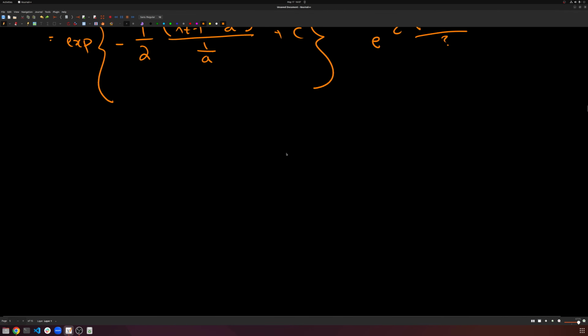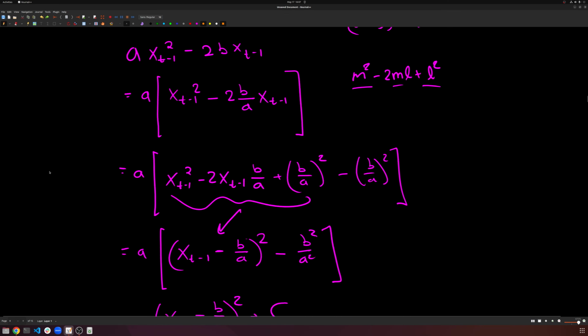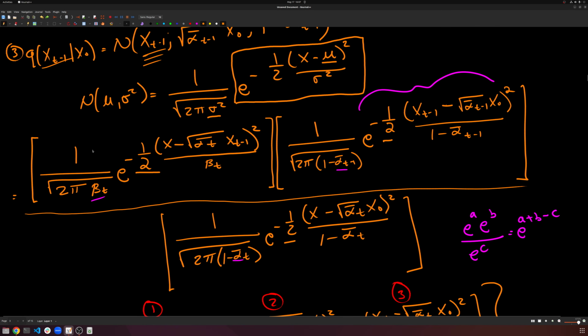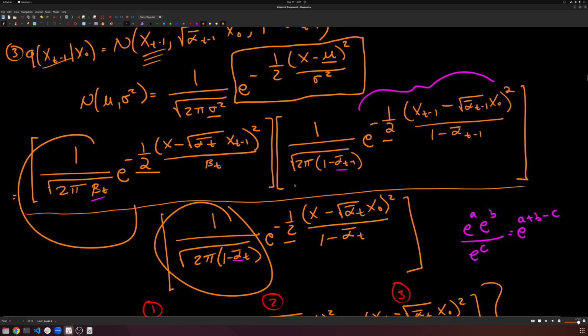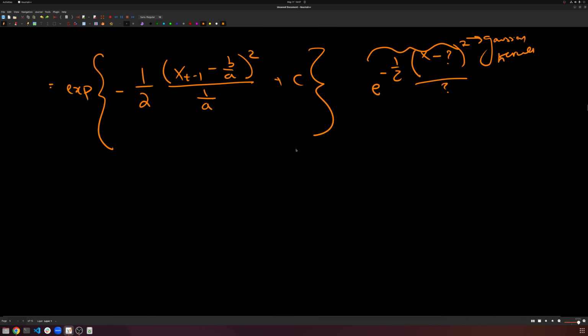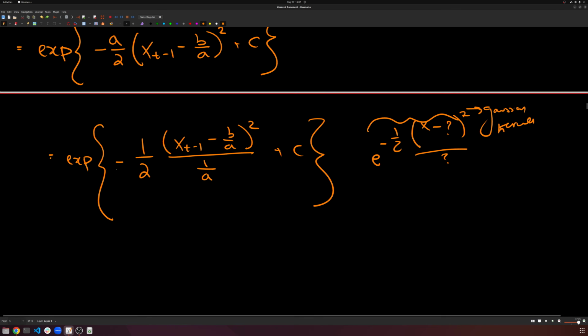Those constants are still there. We just ignored the constants from earlier because they just make sure things normalize to 1. So this is a standard Gaussian kernel.